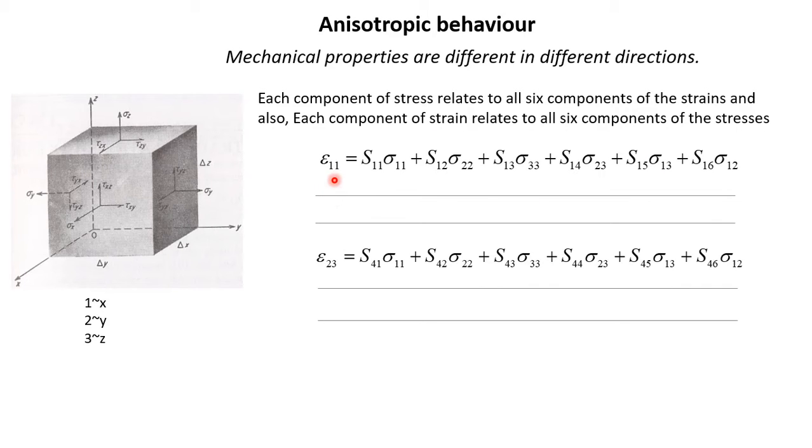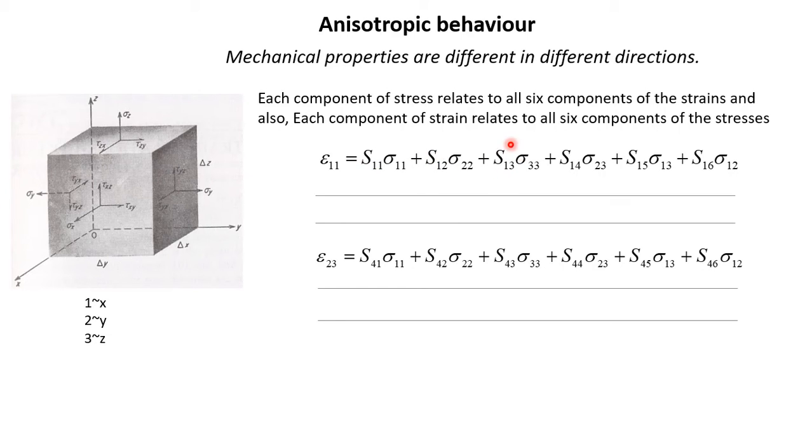Similarly, we can write for epsilon 22, epsilon 33, all in a very similar fashion. And these are for the shear strains, epsilon 23, epsilon 13, and epsilon 12. So we can complete this equation. So this will be the complete equation for anisotropic material. So that means these are the constants that we have to find out.